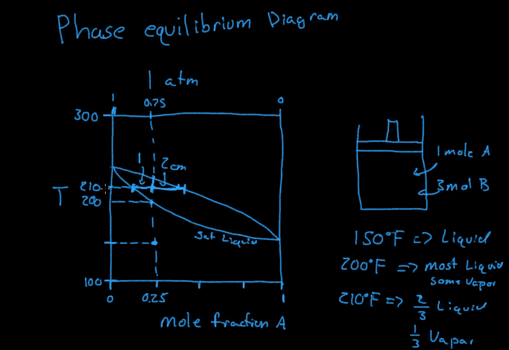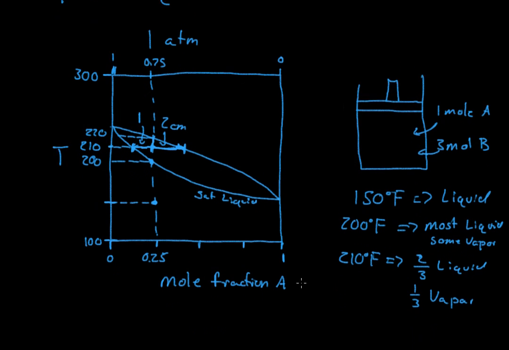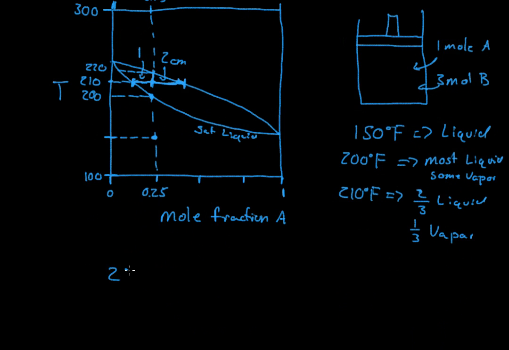When you're closer to this line, you're more liquid. Your system has more liquid in it. When you're closer to this saturated vapor line, it has more vapor in it. So if we were to continue up to maybe 220 degrees Fahrenheit, our system now is mostly vapor, but some liquid, very, very small amounts of liquid.